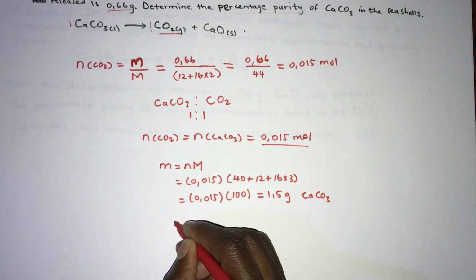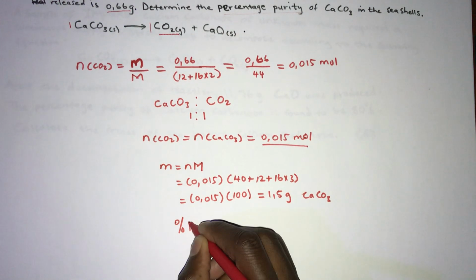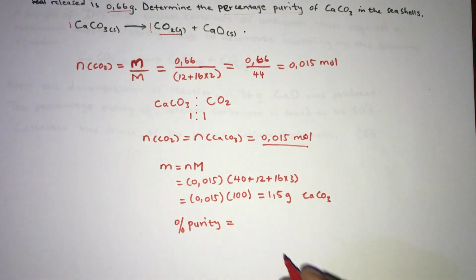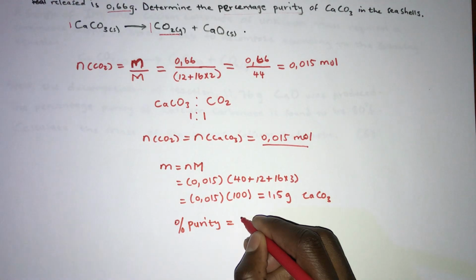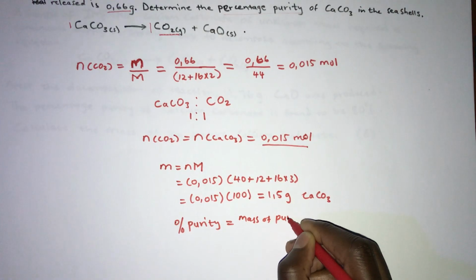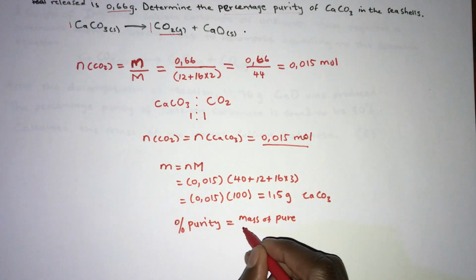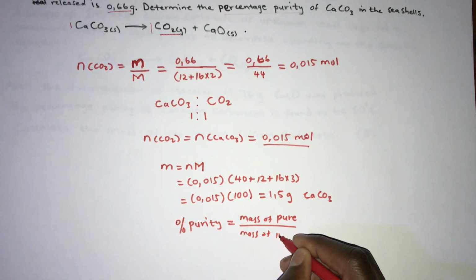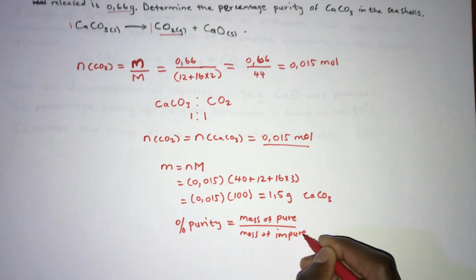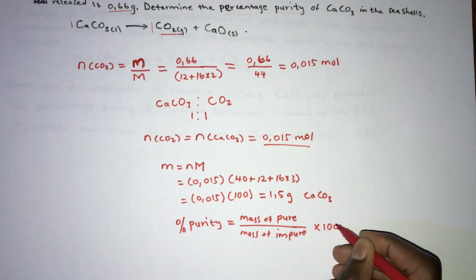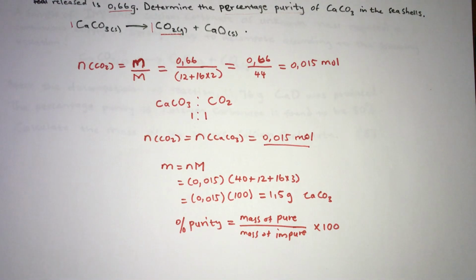Percentage purity is equal to the mass of the pure sample divided by the mass of the impure sample, then we multiply by 100 to get a percentage.